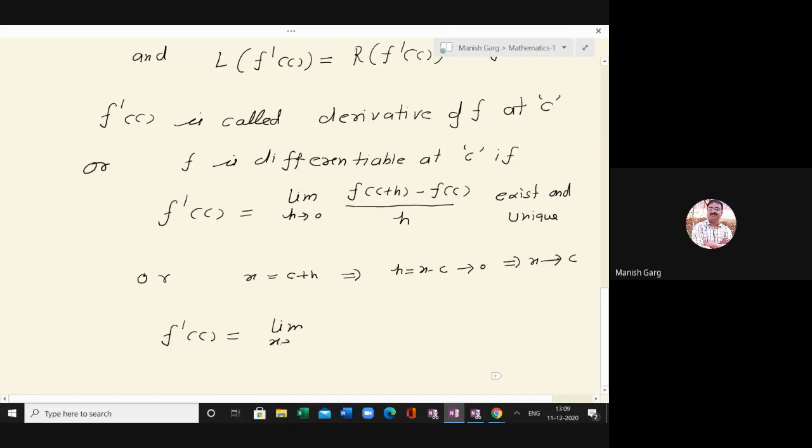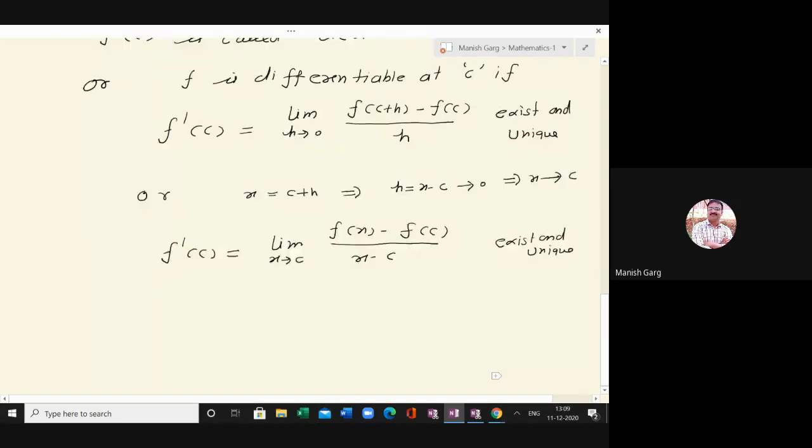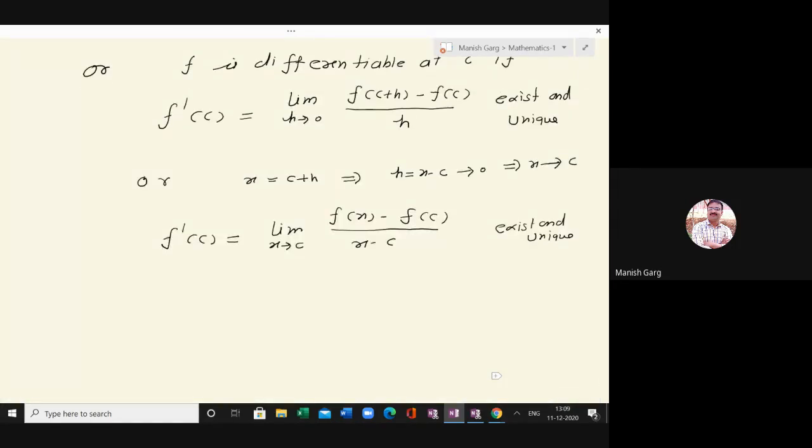The limit x tends to c of f(x) minus f(c) over x minus c exists and is unique. So in some books it is also written f dash c is equal to the limit x tends to c of f(x) minus f(c) over x minus c.